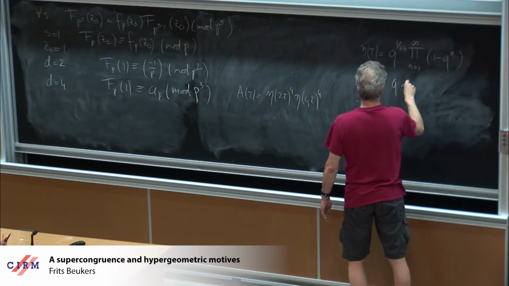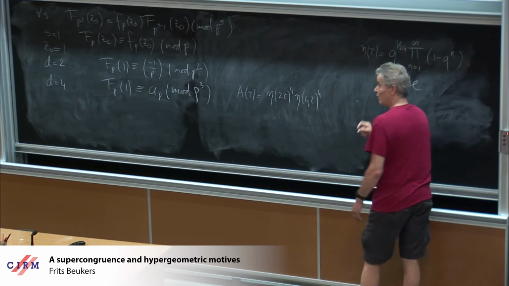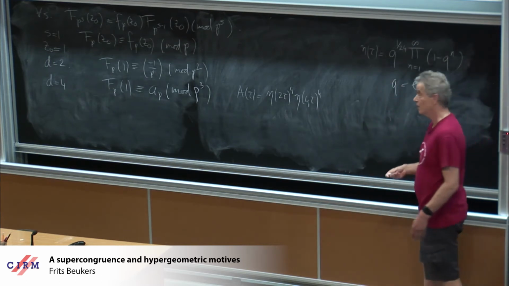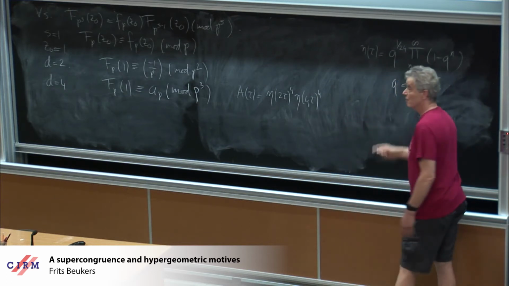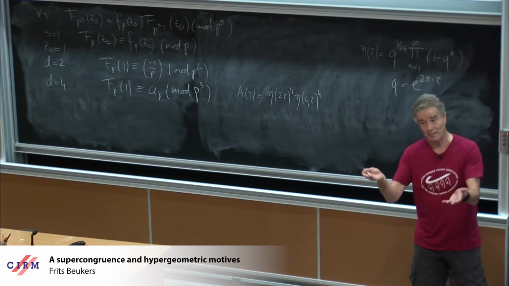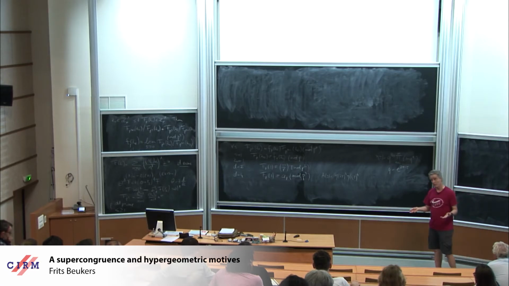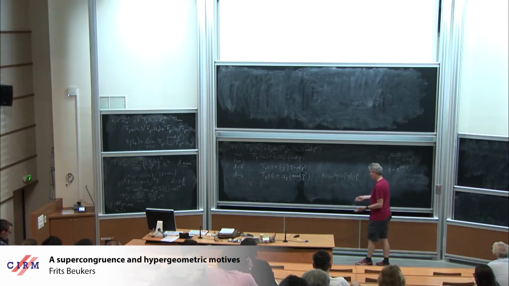And Q, this is basically a product representation of the Taylor series of this function, and so Q is simply e to the 2 pi i tau. And this is a function which lives on the complex upper half plane, and has all these remarkable transformation properties that go with modular forms.